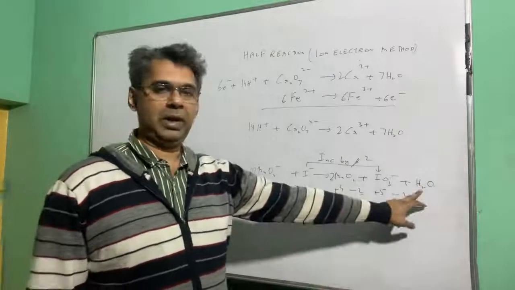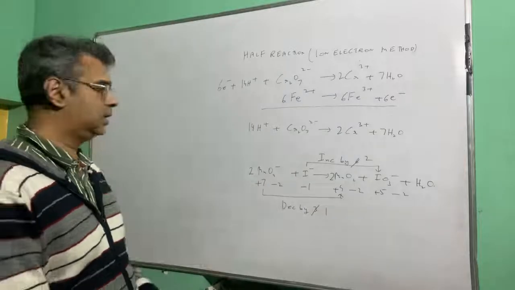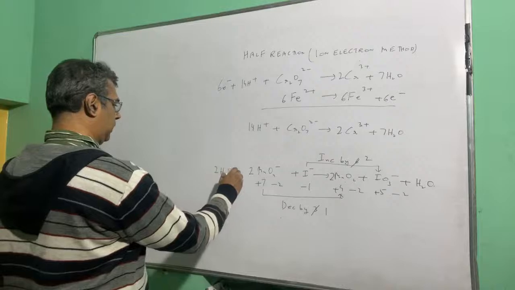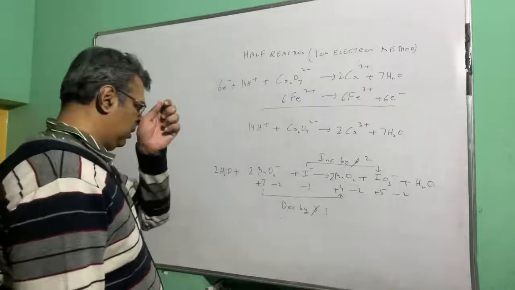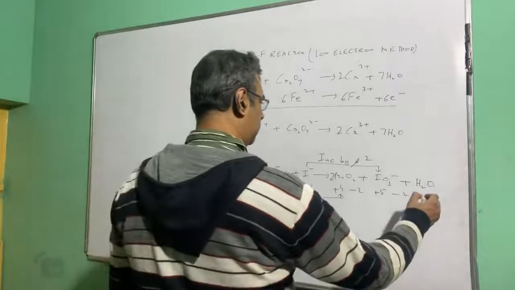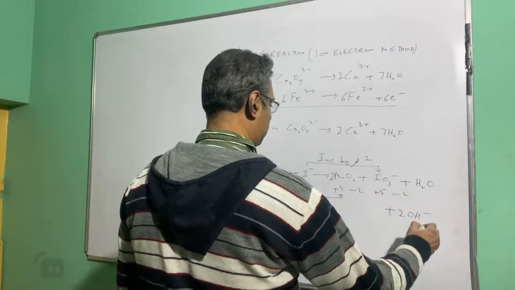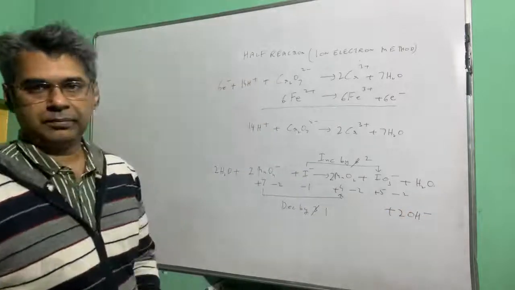So here there are 2 hydrogens, here there are none. So you will have to add 2 H2O over here and you will have to add 2 OH minus over here. That is the rule.